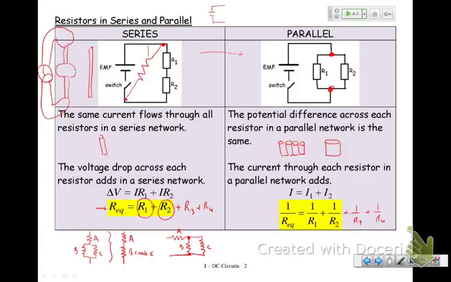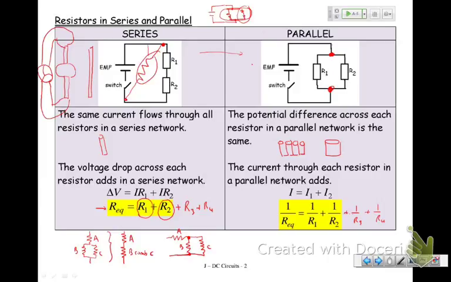Then I simply come along here, and I can do it like this. Junction. Junction. And then on this side, I have that one, and on that side, I have that and that. So those are in series, and then these are in parallel.